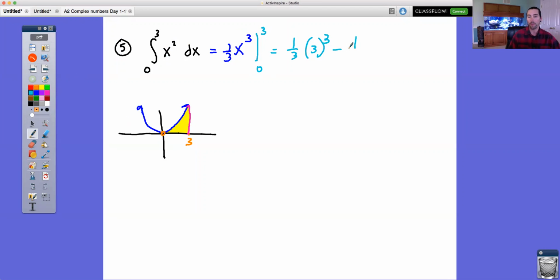Then you're going to subtract from that, plugging in the lower limit. 3 cubed is 27. 27 times 1/3, 9. 0 cubed is 0, times 1/3 is 0. 9 minus 0 is 9. The total area is also 9. When the entire function is above the x-axis, like you see here, the total area and the net change will be the same.